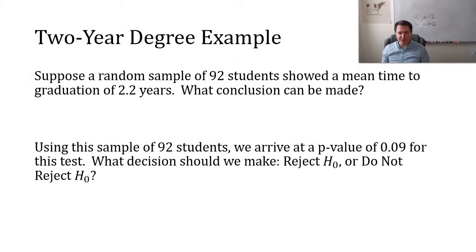Now, suppose we've got this random sample that had a mean time taken to graduate of 2.2 years. What conclusion can be made? I want to be very, very clear here. There is no point in taking this class. You have learned nothing if you decide that it actually is more than 2 years based purely off of that.